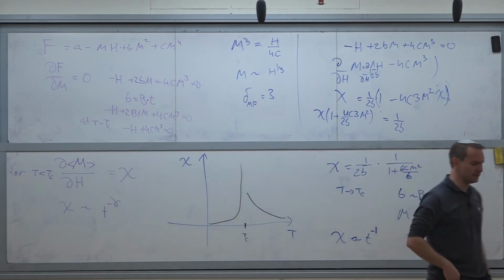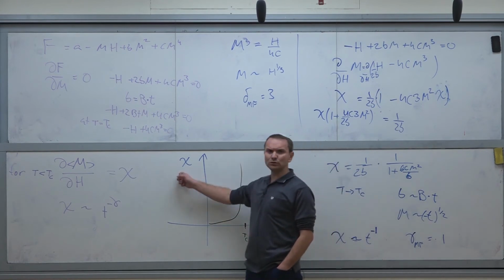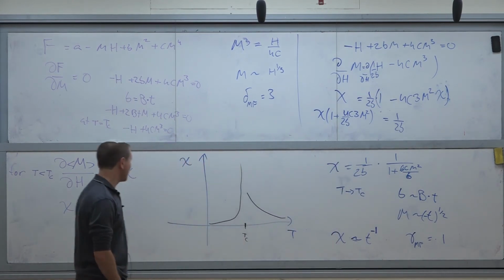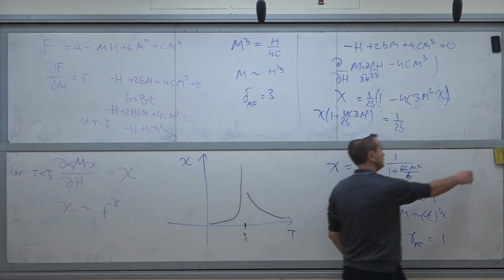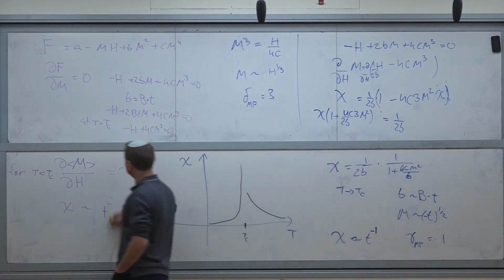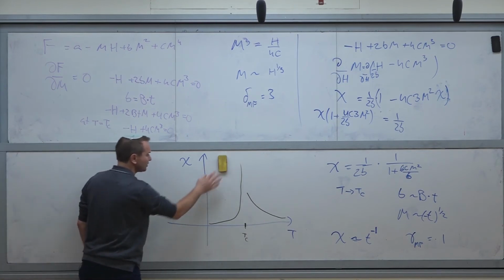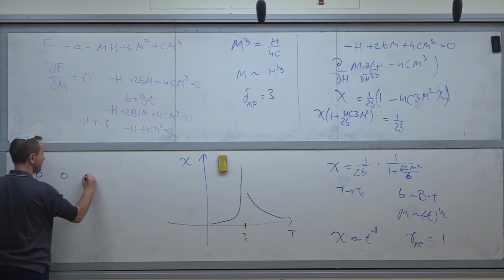An additional point to discuss about those critical exponents: the susceptibility is related to something called a correlation length. What is a correlation length? If we look at our Ising model, we had those particles over here.